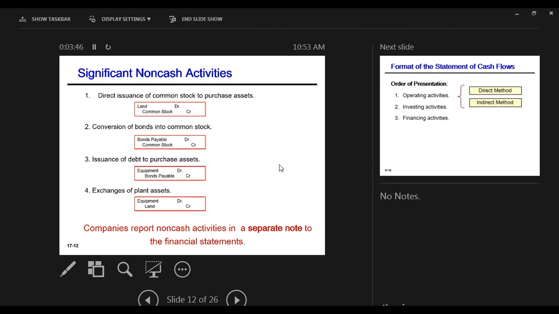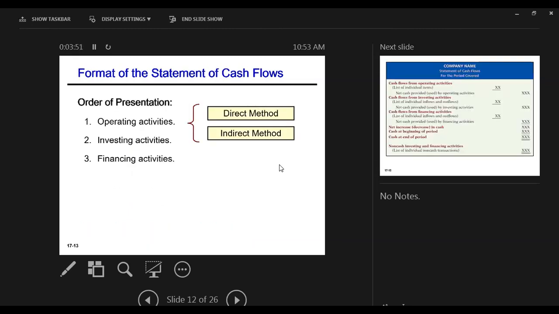Now, I told you that when we solve the question, we have to classify our cash inflows and cash outflows into three groups: operating activities, investing activities, and financing activities. You cannot transfer operating activities to financing, and you cannot transfer financing to investing. You should report them separately and accurately if you want to get full marks.